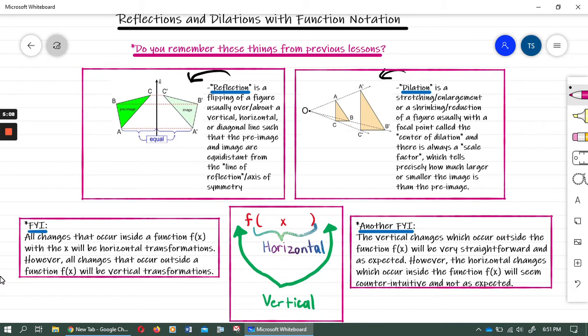So when there's numbers added or subtracted inside or outside of the function, then that's specifically only a translation that's happening there.